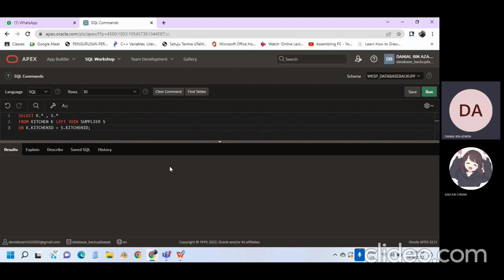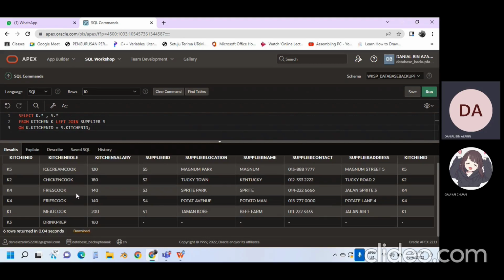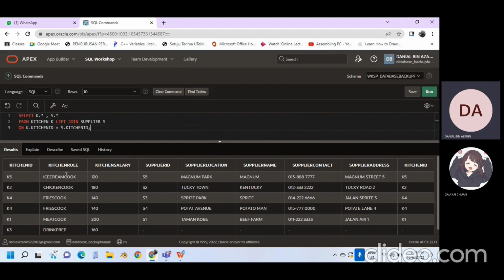You should be getting this output, which is the kitchen ID, the kitchen roles, the kitchen salary, the supplier ID, supplier location, supplier name, supplier contact, supplier address, and also kitchen ID. K5 ice cream coke 120, S5 Magnum Park, Magnum 013 888 777, Magnum Street 5, K5.